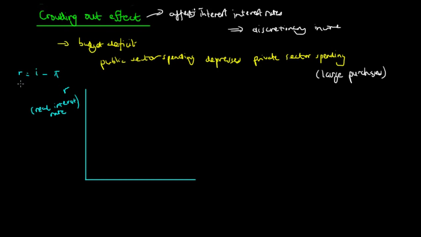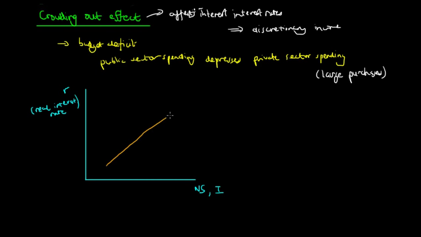This is also called the Fisher equation, but we don't have to worry about it for now. The price in this case is the real interest rate, and the x-axis, previously the quantity, is now national savings or investment. Since at equilibrium national savings equals investment, we can just talk about this as the quantity of savings available in the economy.